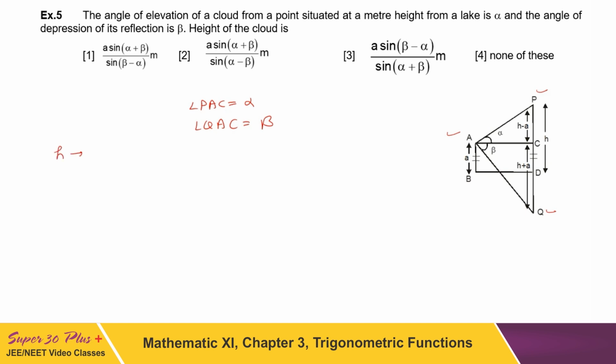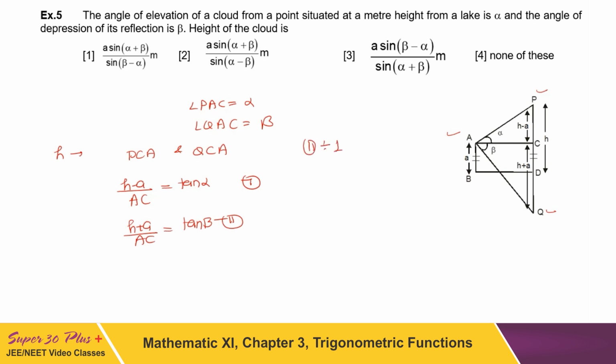Then from triangles PCA and QCA, we can say (h minus a) upon AC is equal to tan alpha. This is equation number 1. And (h plus a) upon AC is equal to tan beta. This is equation number 2. Now we are going to solve these two equations.